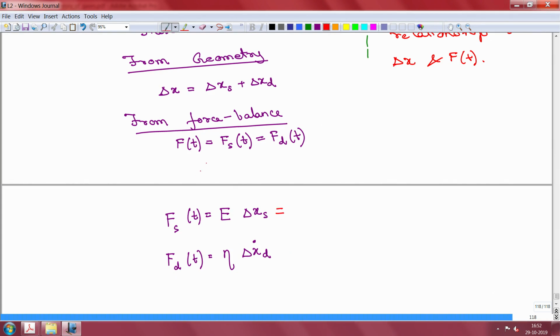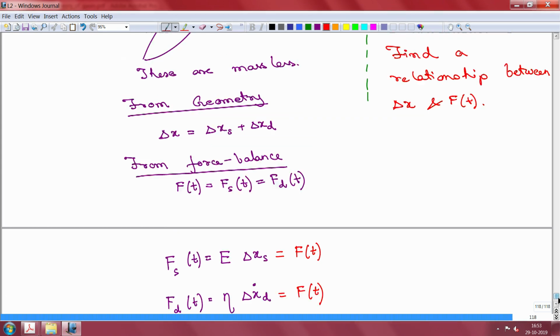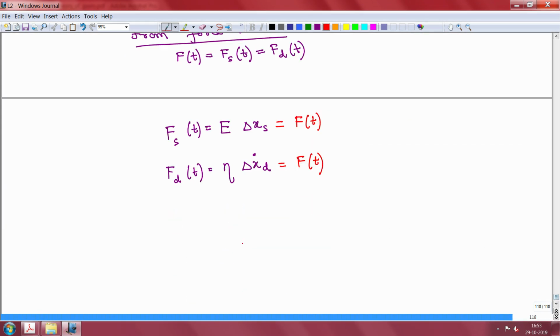Now we know from the previous equation that this is actually f of t. So, let us simplify our life. And now what we can do is take the derivative of this equation.